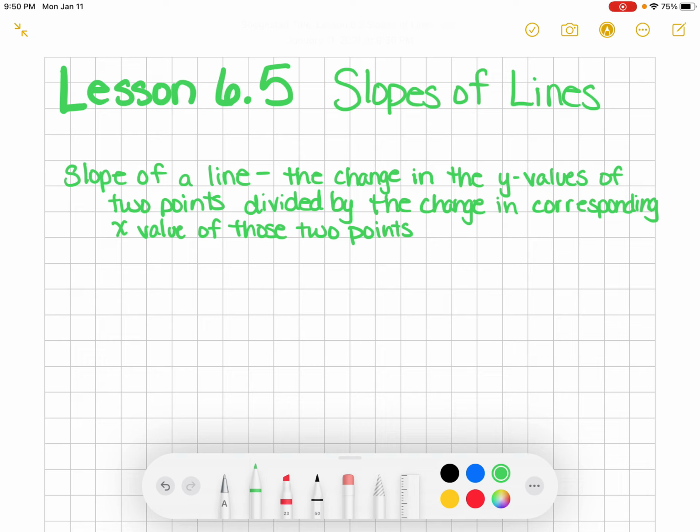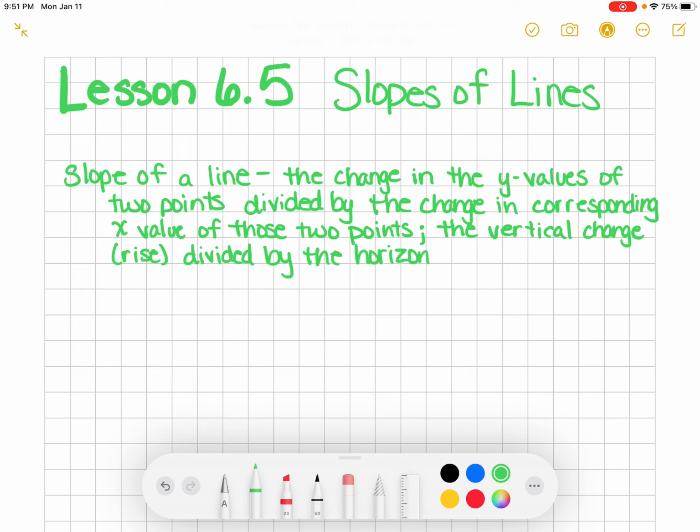Okay, now remember, if you don't have time to write this down, just hit pause and finish it. So a shorter way to say this is the vertical change. And this is maybe what's confusing to some people, is how many ways you can say this. So the vertical change, which is the rise, divided by the horizontal change, which is the run.